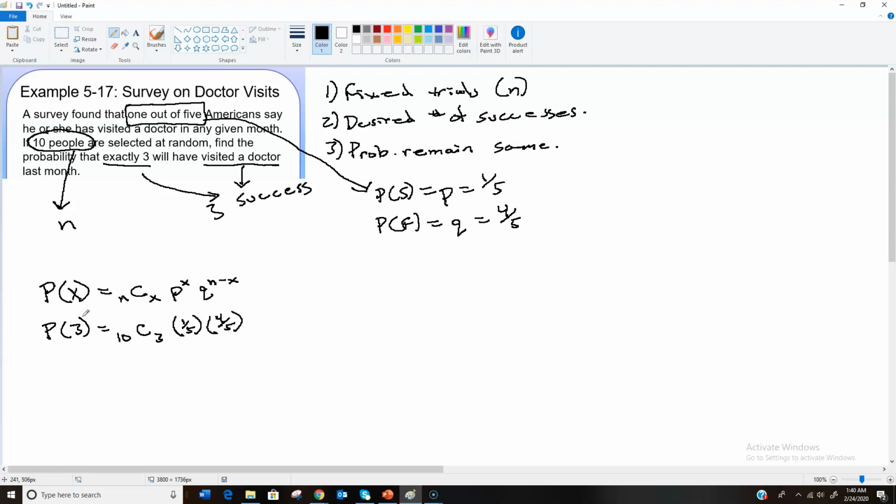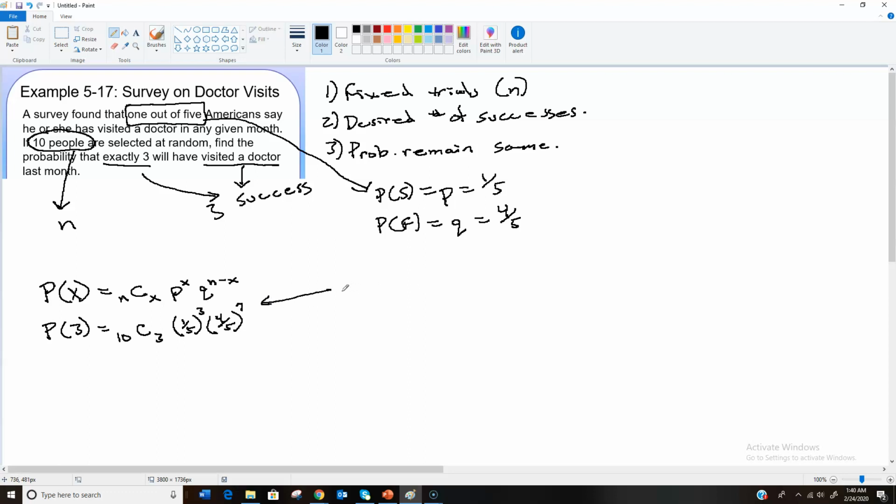X is the same as this X. So how many successes? A probability of 1/5 for a success, and we want 3 of them. The probability of failure is 4/5, and if we want 3 successes, that leaves 7 failures.